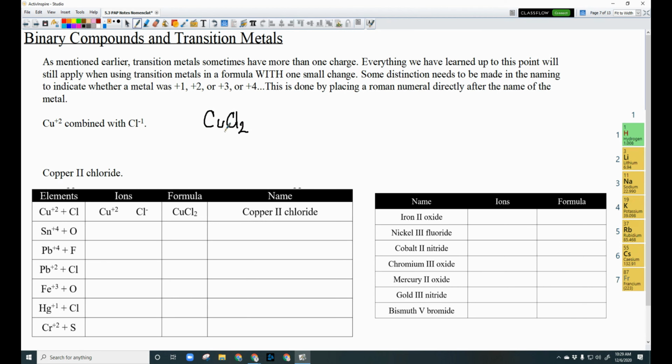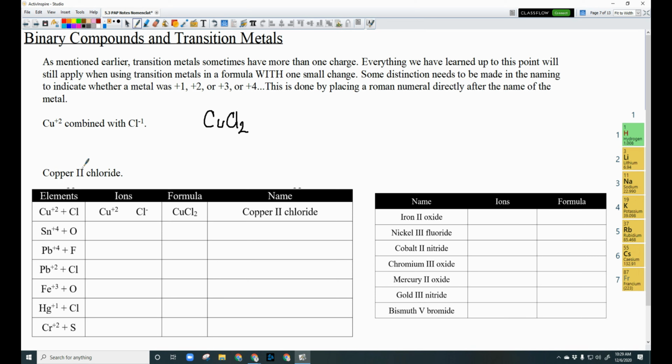The 1 comes over here for copper. This 2 is now the subscript of chlorine. Here's the formula. But we have to name that by showing that this was copper 2 that was used in this formula unit. So the way we write out the name is copper Roman numeral 2 chloride. So the name of this is copper 2 chloride.